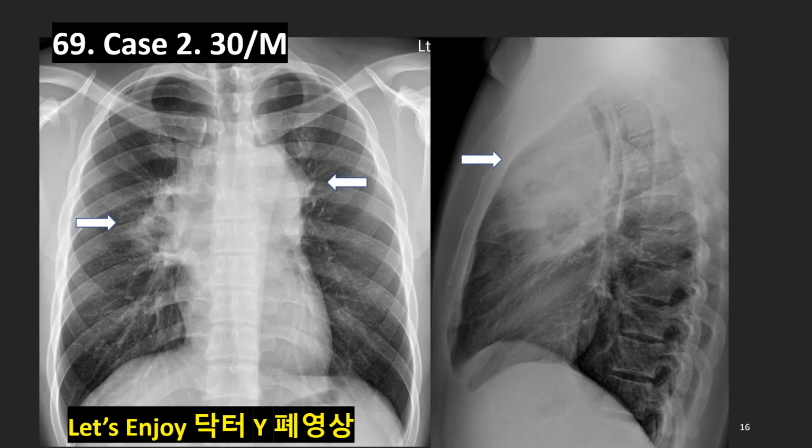30-year-old man. Frontal radiograph shows us bilateral mediastinal widening, bilateral hilar fullness. On the lateral film, retrosternal hazing, increased obscuration, indicating a large, bulky anterior mediastinal mass.